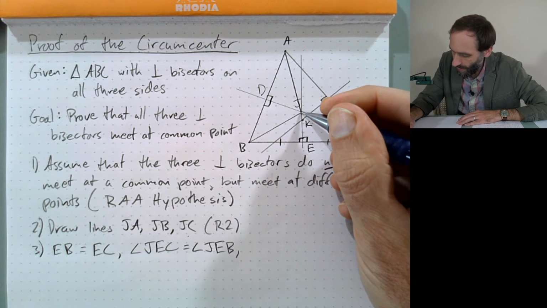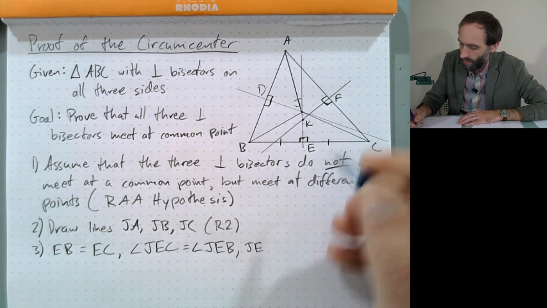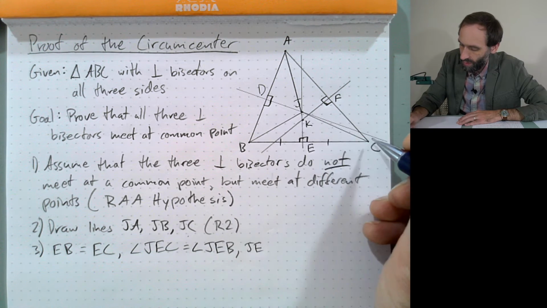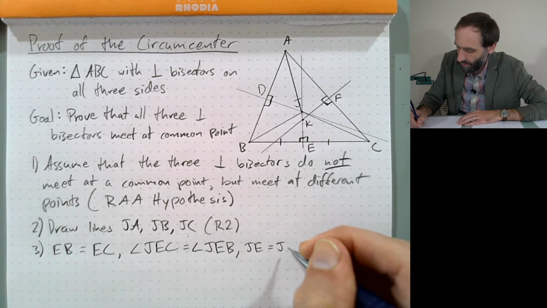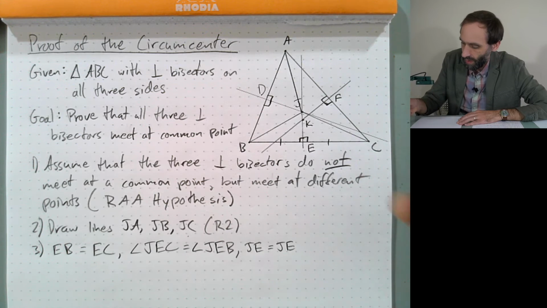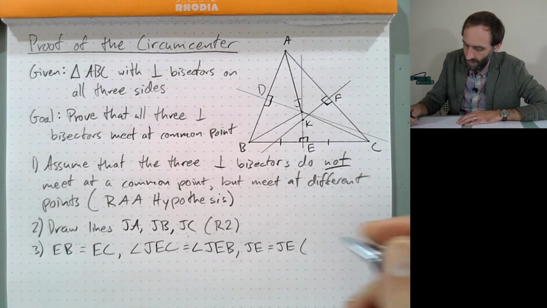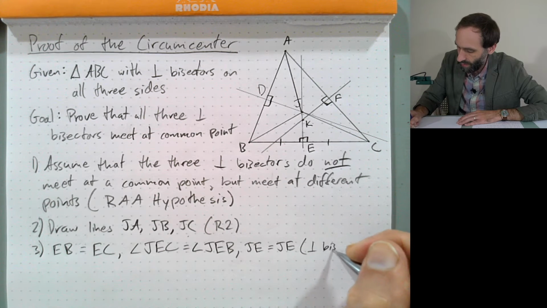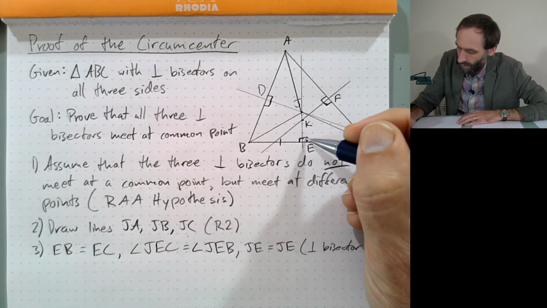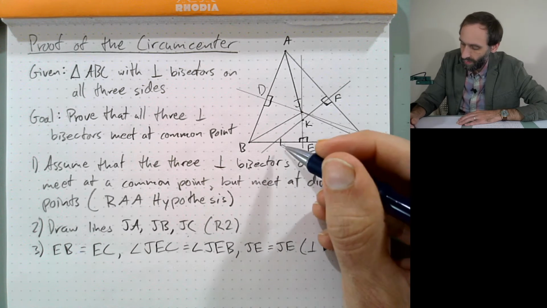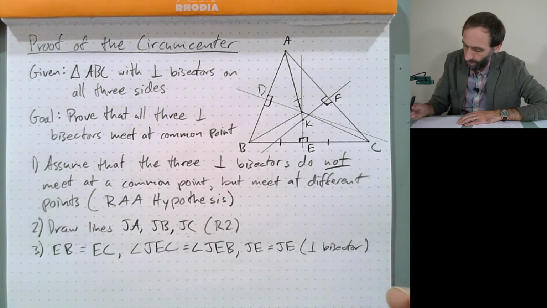And then we have this side, JE, right here, which is shared by both triangles JEB and JEC. So JE is equal to itself because it is itself. These statements are based on the fact that we have a perpendicular bisector. These angles are equal because of the perpendicular. These segments are equal because this is a bisector.